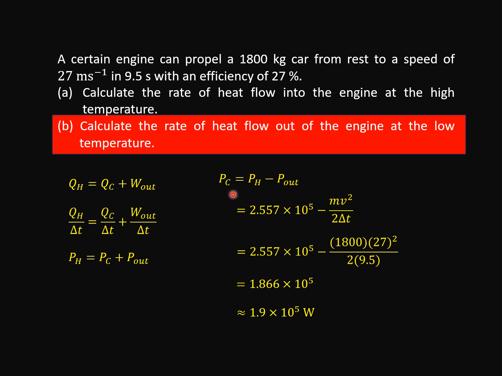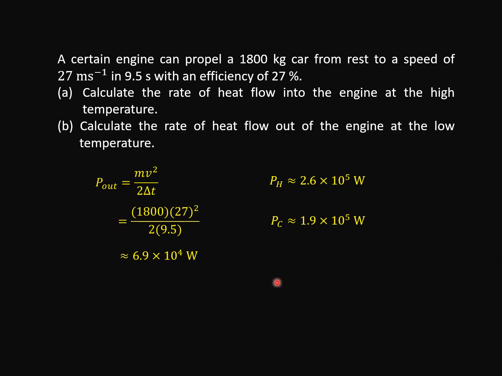So PC again is a power concept. It is about how fast the heat flows out of the engine. From our analysis, we now have three values: P out, PH, and PC.